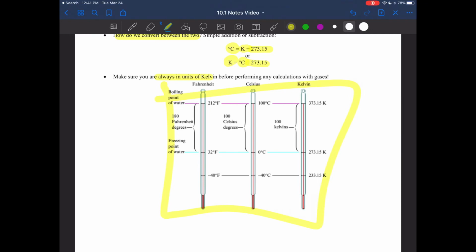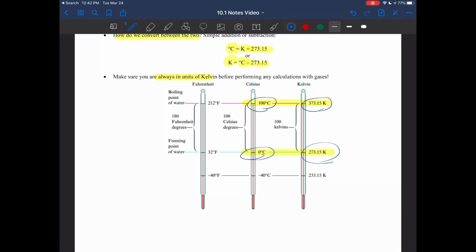By the way, I did find this interesting little graphic for y'all. It looks like the size of 100 degrees Celsius and the size of 100 kelvins are the exact same in these thermometers. It's just that, at the boiling temperature of water and at the freezing temperature of water, we have different starting points for those scales.